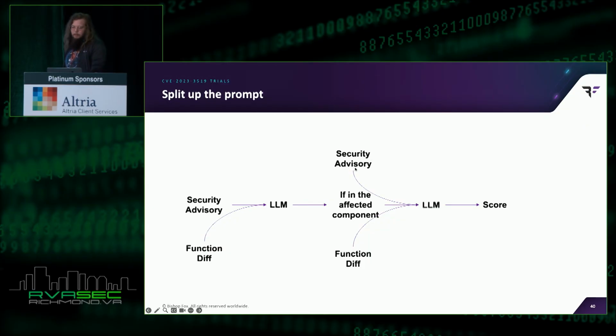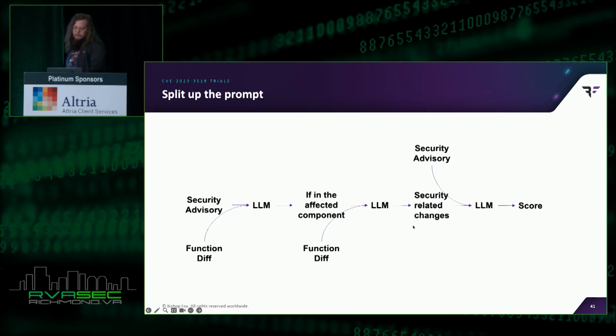And then, if it's affected, look at the security advisory and the diff and give me a score. And then split it up even further into, hey, if it is affected, it's in the right component of the binary, and now give me any security-related changes that you're seeing in this.